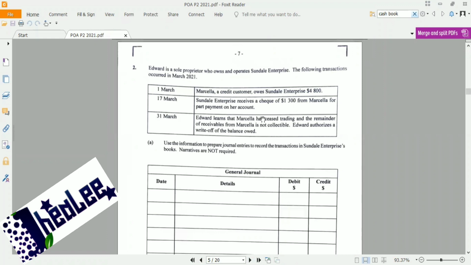And coming out of this, as a candidate, you would notice that things relating to cash book, etc., would have been a part of this question. But you were asked to prepare the journal entries to record the transactions. Please note that the general journal can be used to record any transaction, basically, right?